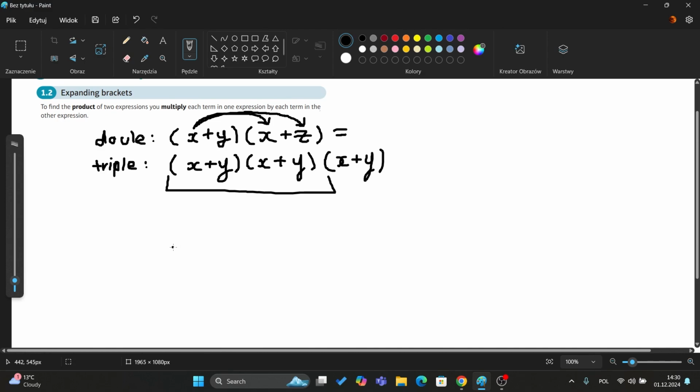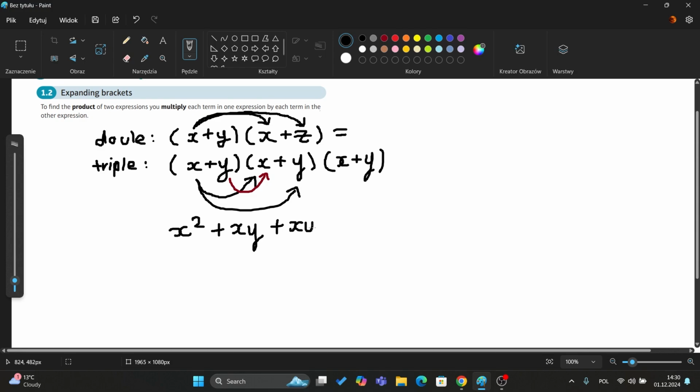So x plus y times x plus y is going to be x times x, x squared. x times y is xy, and here we have y times x, which is again xy, we put them in alphabetical order, and y times y, which is plus y squared.